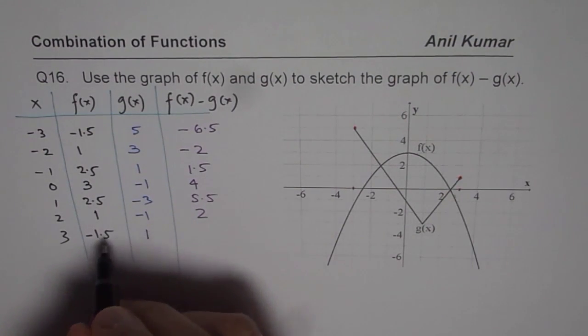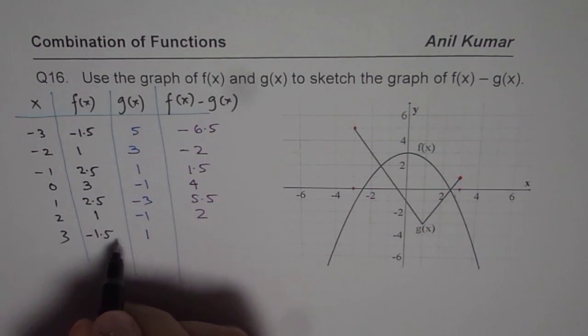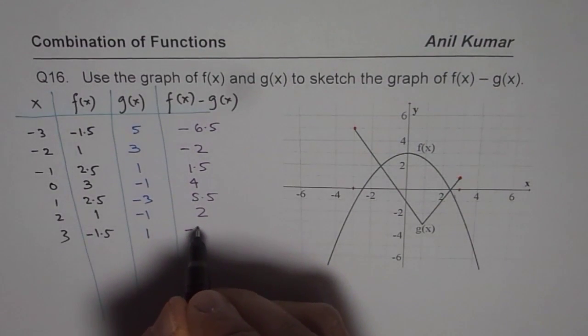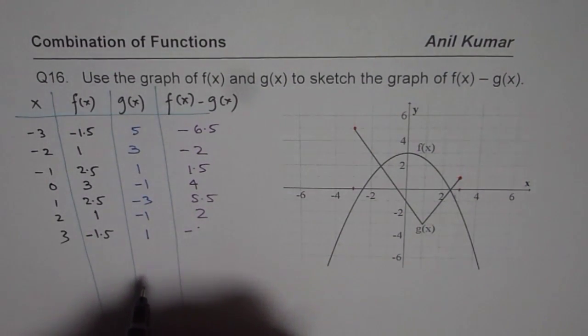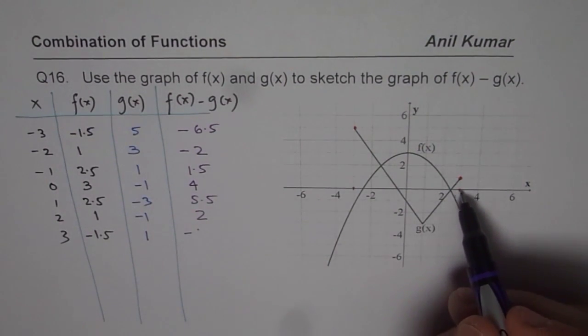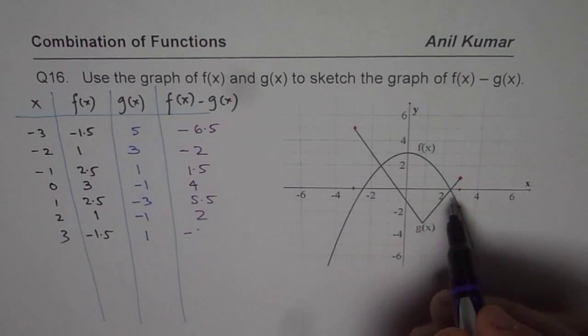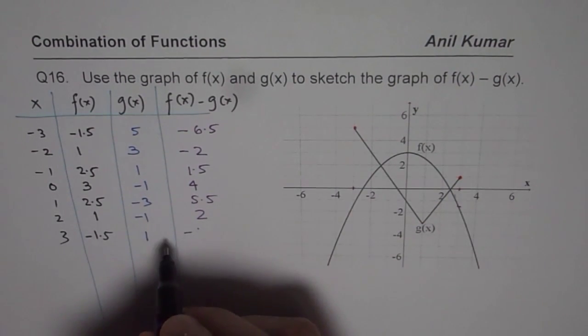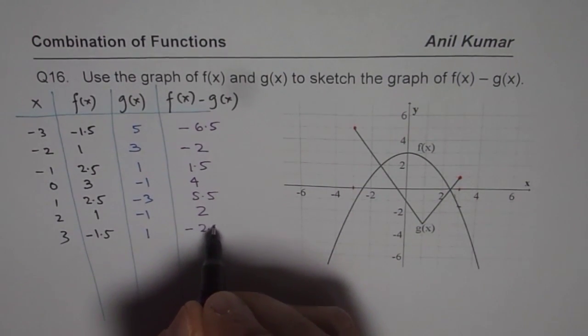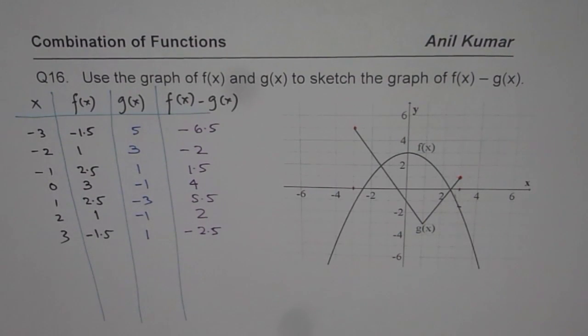So minus 1.5 minus 1 will give minus 2.5. Let me check this one. At 3, f of x is minus 1.5, and here we have one positive, so it becomes negative 2.5. Right, so that is how the values are going to be.